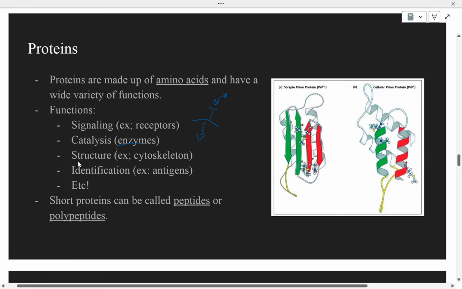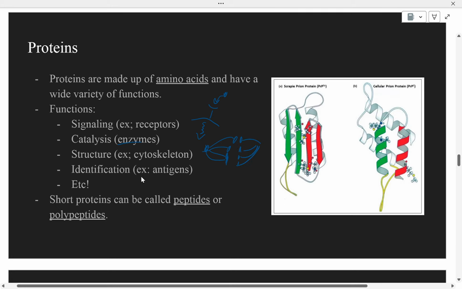Then we have structure. For example, we have the proteins in the cytoskeleton. If you remember the microtubules, right, that separate the chromosomes during mitosis, that's an example of a structural protein.